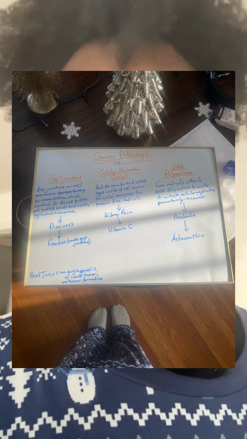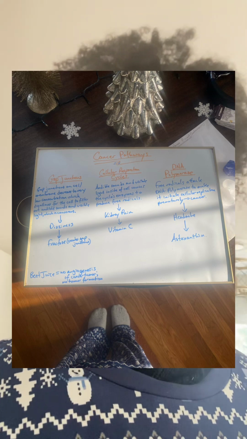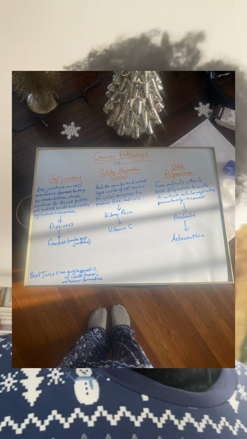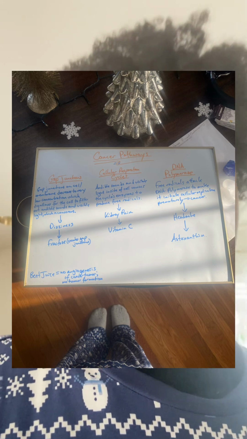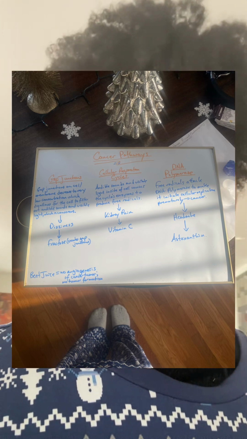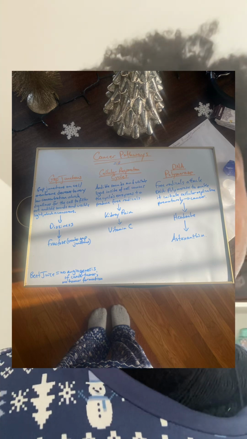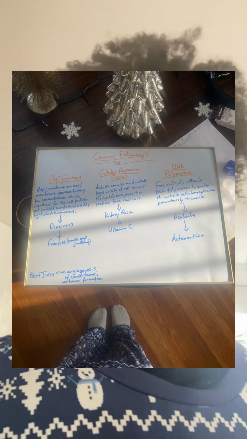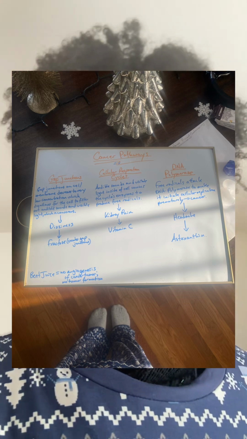So the first one, gap junctions. A researcher by the name of Dr. Michael Levin is working on morphogenesis, and I think he works as a professor at Tufts University or something like that.